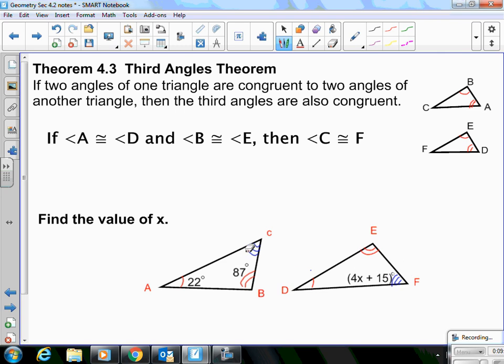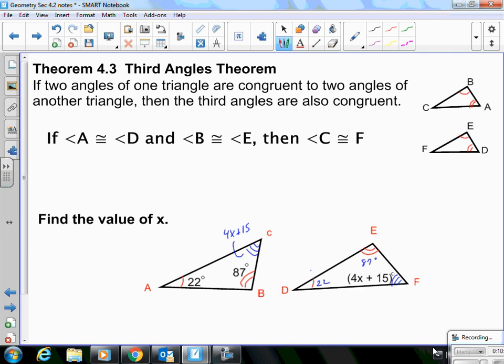Angle F matches up with angle C here, so we know that it's going to be 22 there, 87 there, or we know that this angle right here is 4x plus 15.